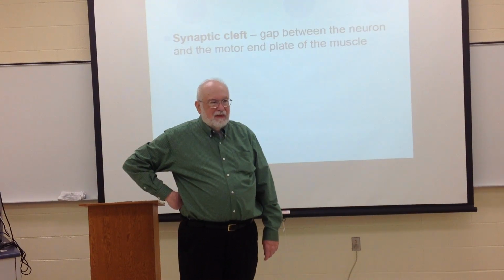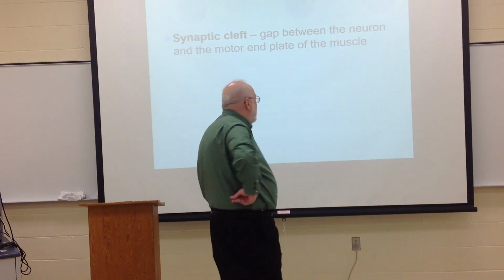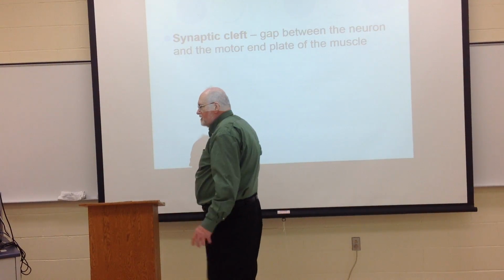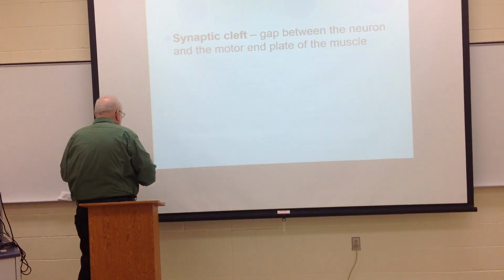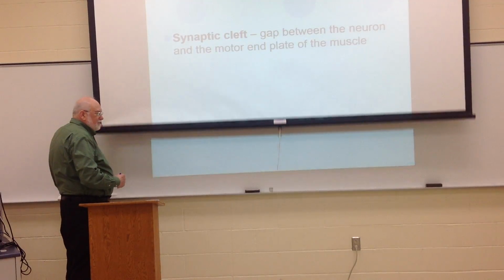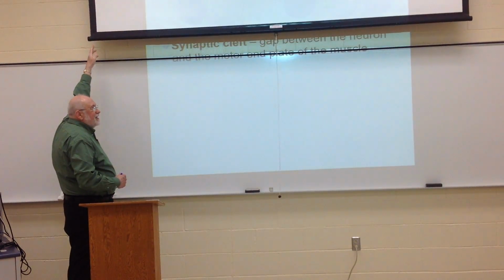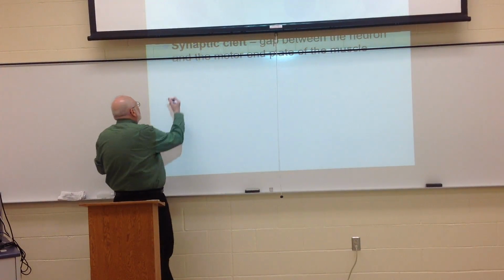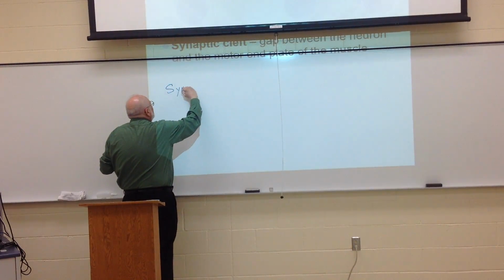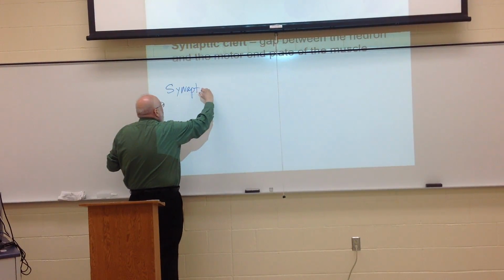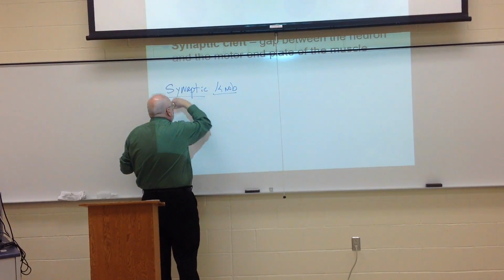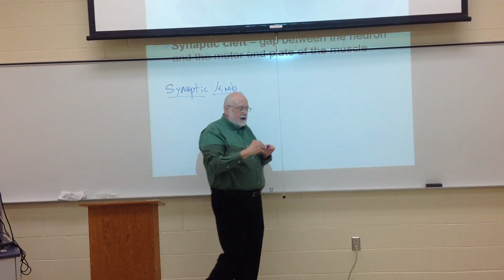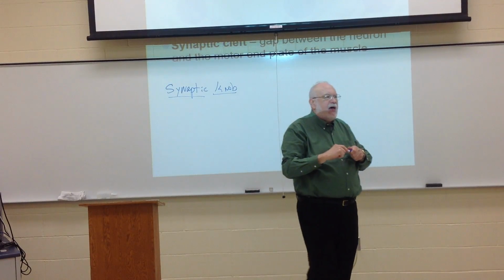All right? Now, there's one more wrinkle that isn't on the slide, so we'll just write it on the board. And that is something called a synaptic knob. Synaptic knob. Now, where are we going to find that?